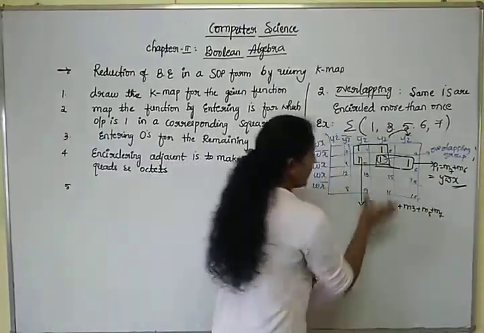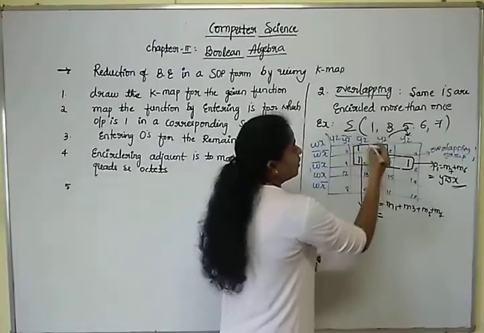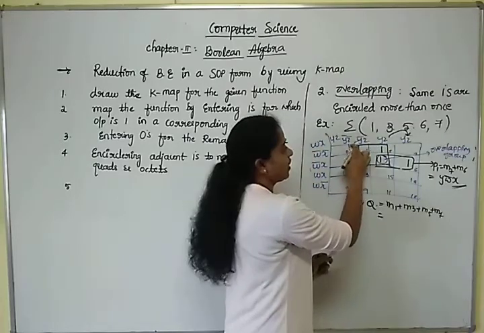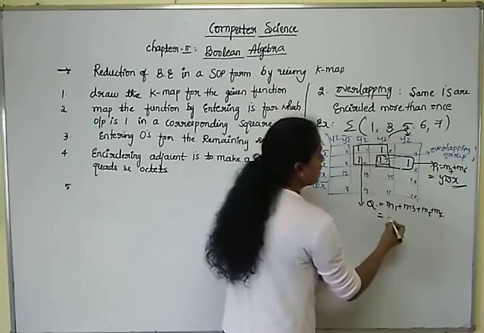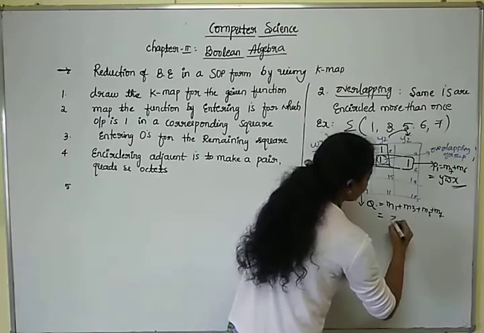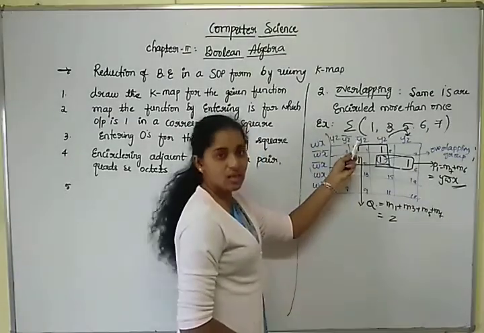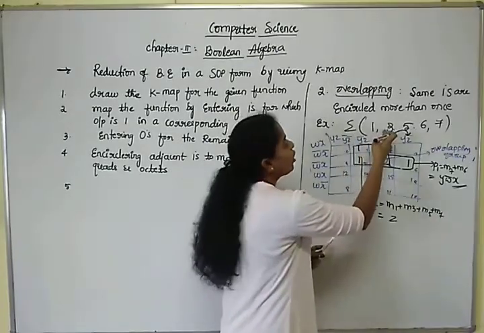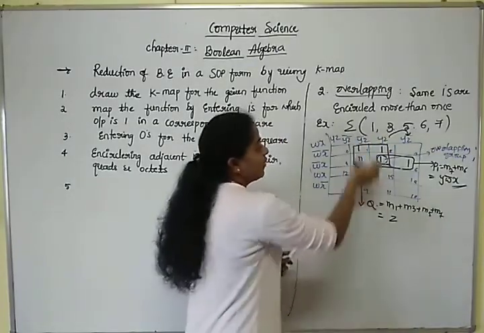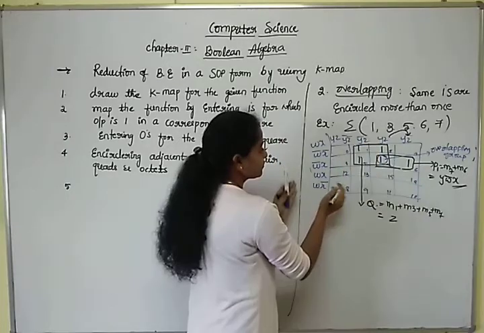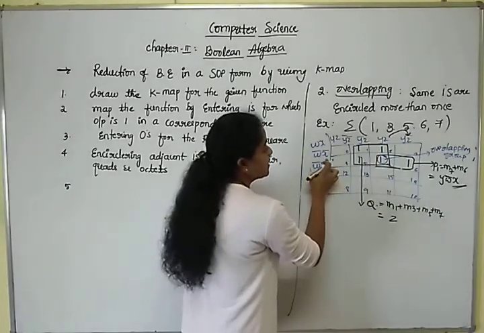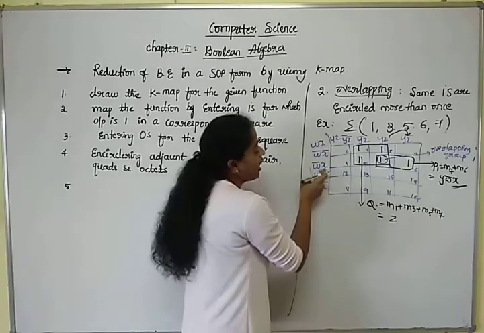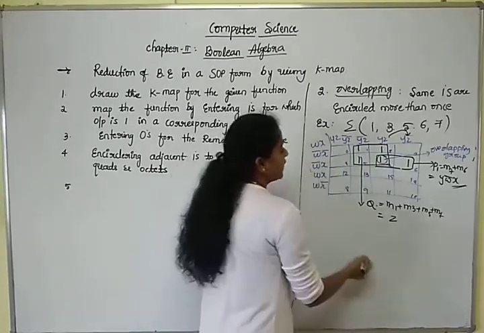In the given quad, while moving horizontally, Y changes its state from Y complemented to Y, so Y is removed. The remaining thing is Z. When moving vertically, X changes its state from complemented to uncomplemented form, so X is removed.